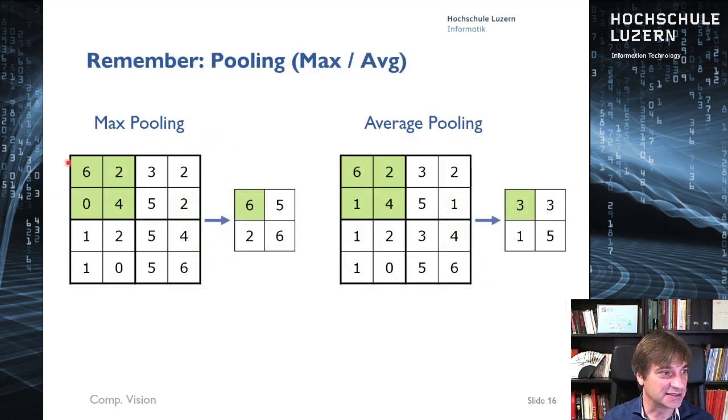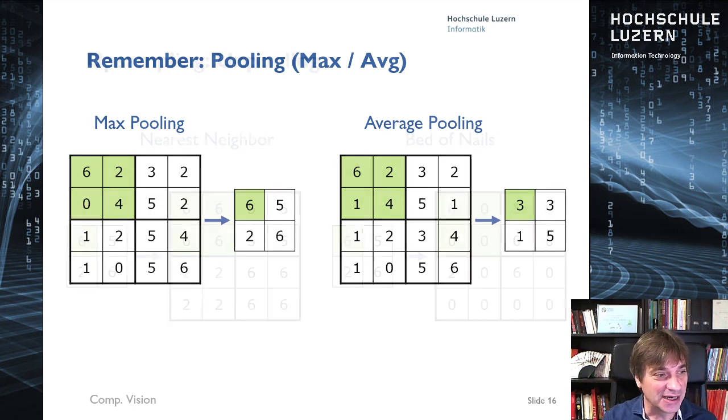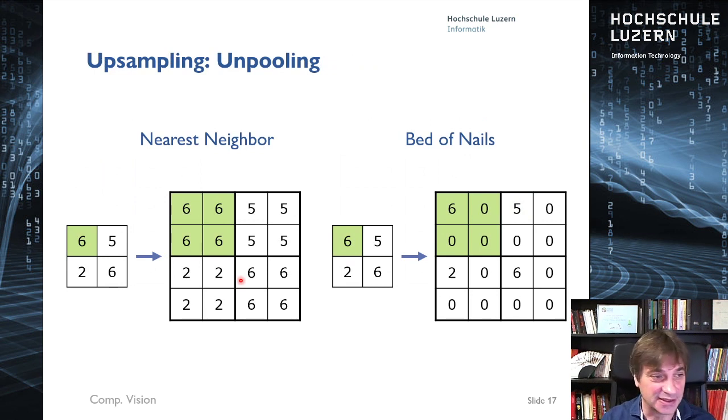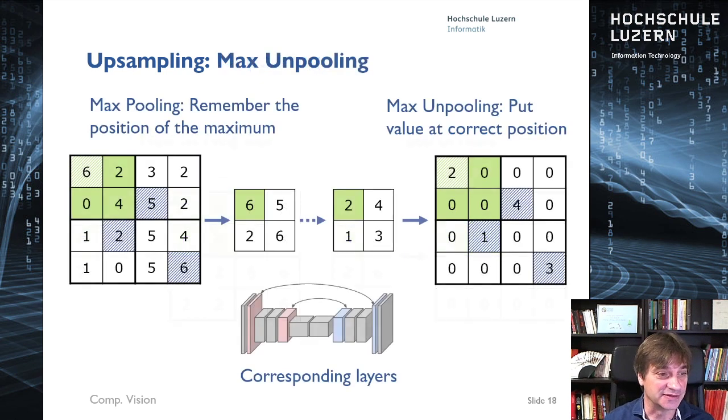So here the 6 comes from that pixel here, here the 5 comes from that pixel here. So I might want to put the value back at the correct position, and there it might be more useful than for the detection there. This is what's called max unpooling.